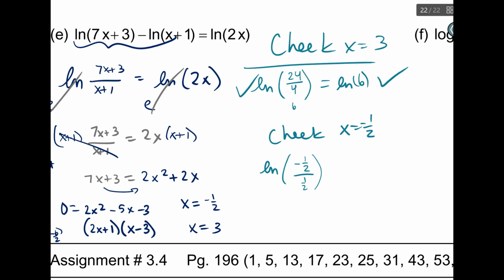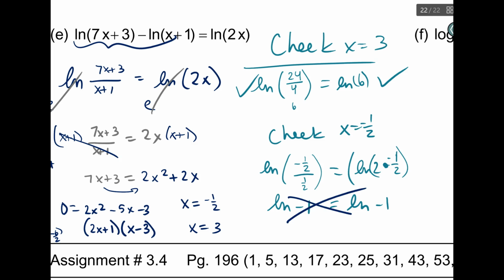So that's ln of negative 1. Oh my god. And then the right side, what is 2 times negative 1/2? Negative 1. So that's ln of negative 1, but the issue is we can't have negatives in the ln, so that's no bueno. Literally my only solution is x equals 3.